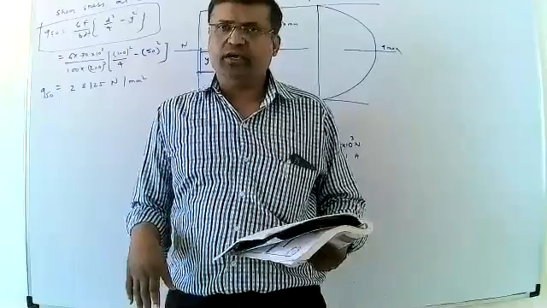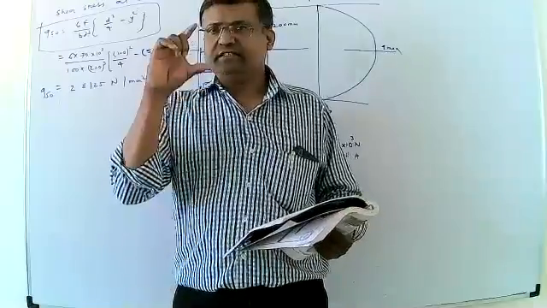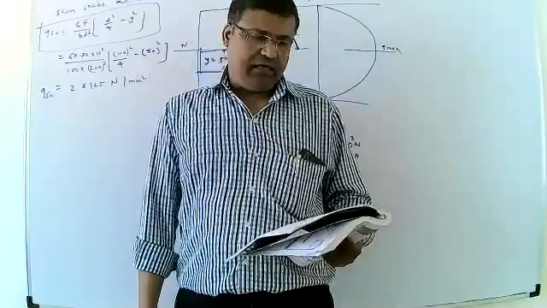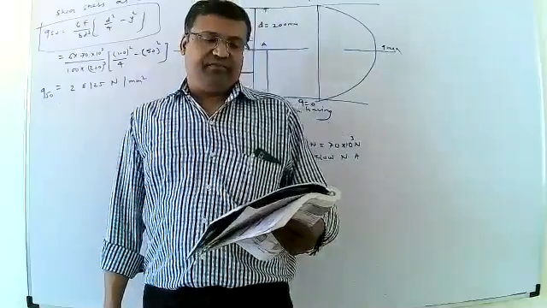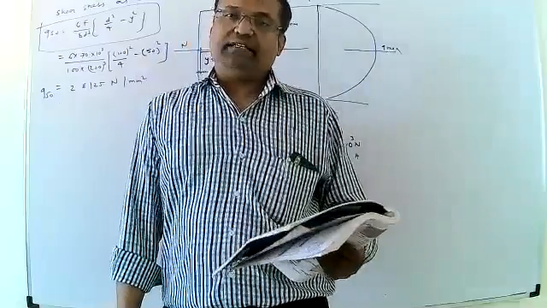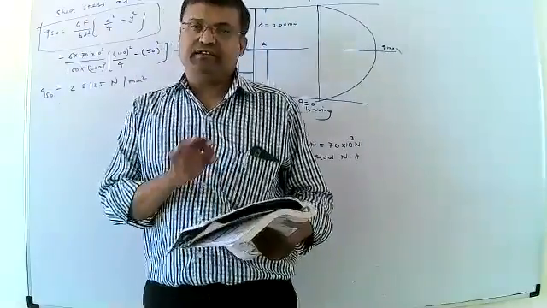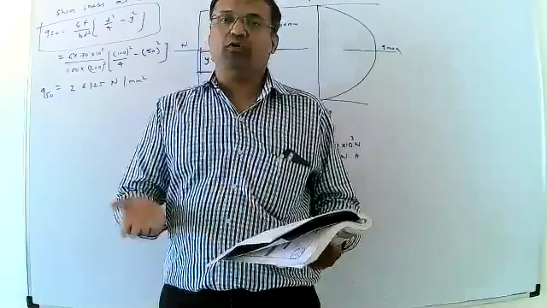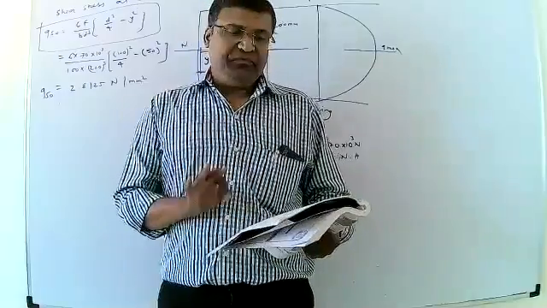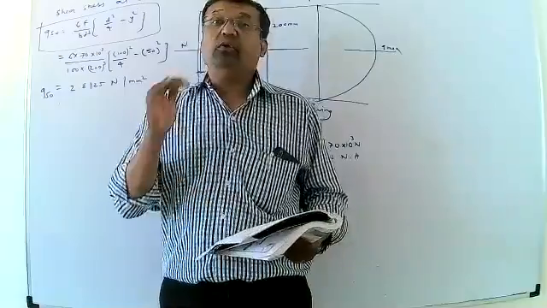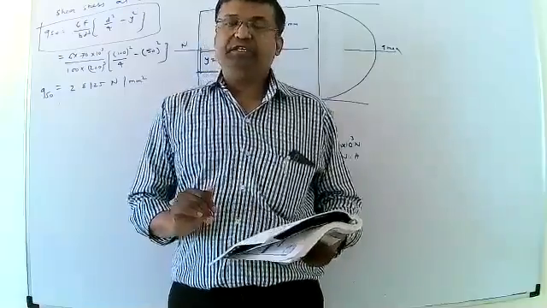Above or below doesn't matter, that distance is considered from the neutral layer. And 25 mm, that distance is below the neutral axis. That is given here.